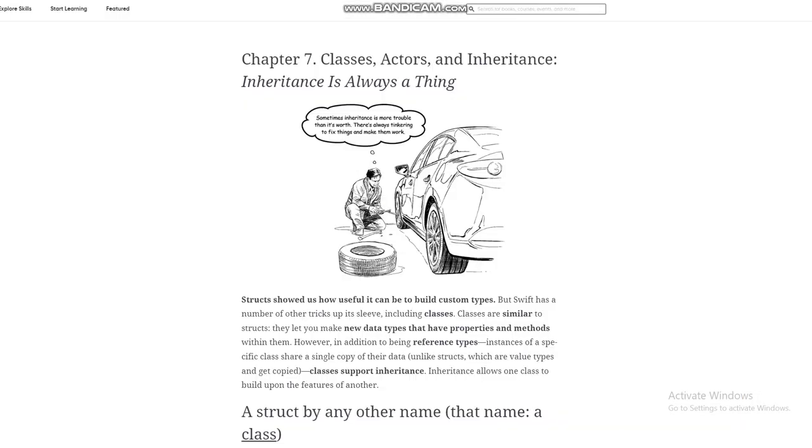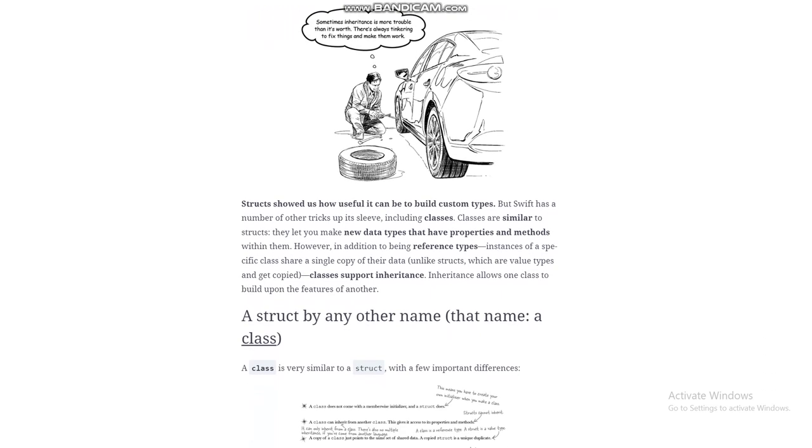So in this topic, we are going to talk about classes. Let's see how useful it is to build custom types. But Swift has another, and also numbers that take up a slot, including classes. Classes are similar to structs, and they let you make new data types that have properties and methods within them.